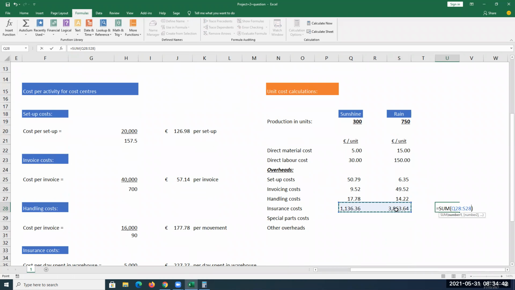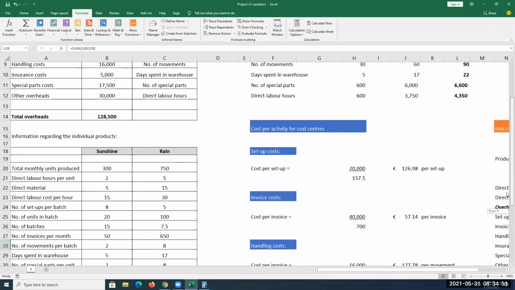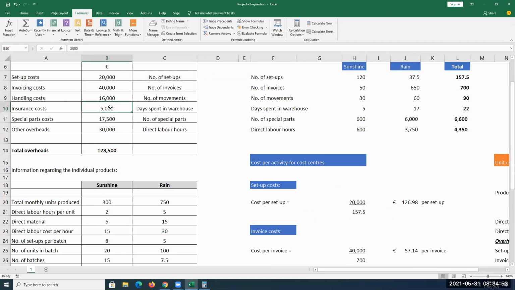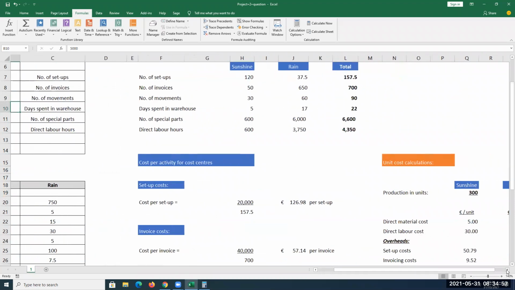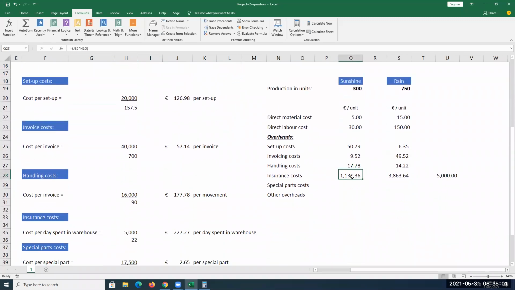So it's 5,000 euro. So I divided this figure 5,000 between sunshine and rain product. This is the total insurance cost relating to the sunshine, and this is the total cost relating to rain product. But these calculations are not per unit.